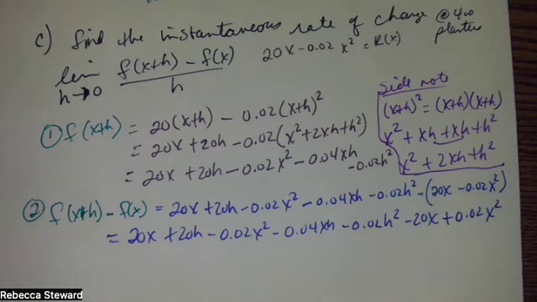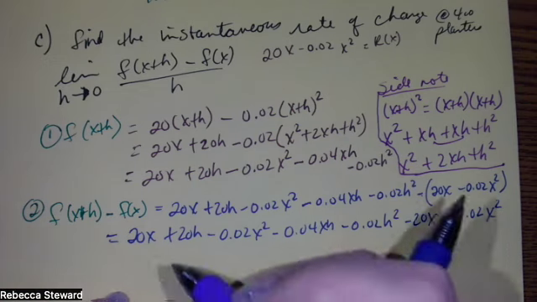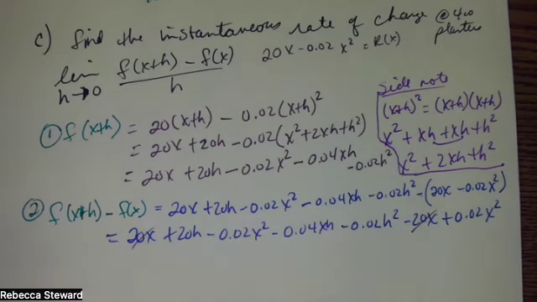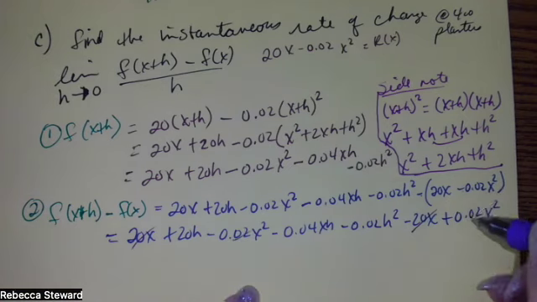Now on this, what should happen is the terms that are x's only, or x squares only, no h's, should cancel out. So you'll notice that we have a 20x and a negative 20x, and we have a 0.02x squared and a positive one.